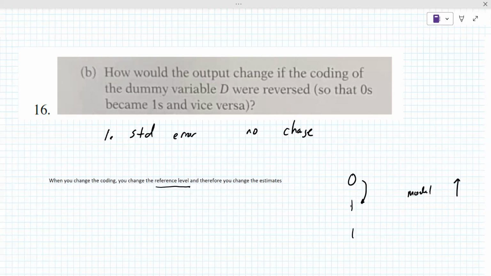When you reverse code it, the model has to reflect that, meaning it would go down, because the baseline in the new model is as if you have that extra feature.